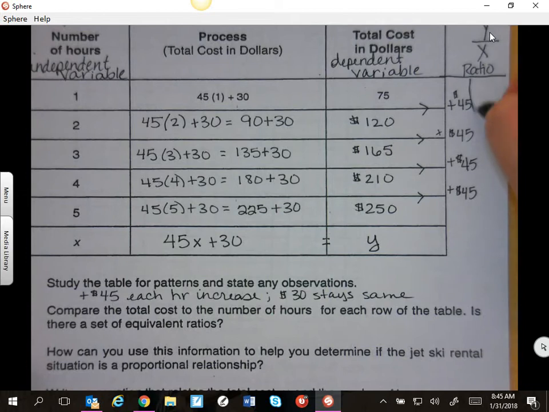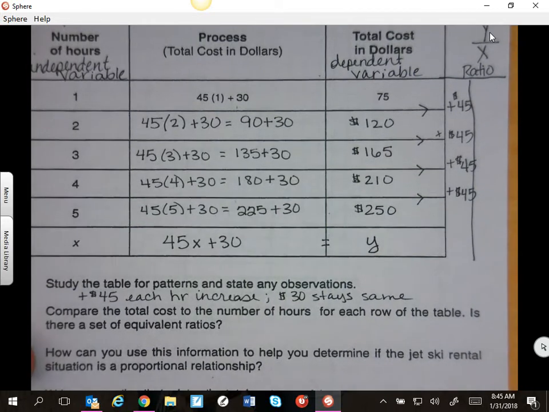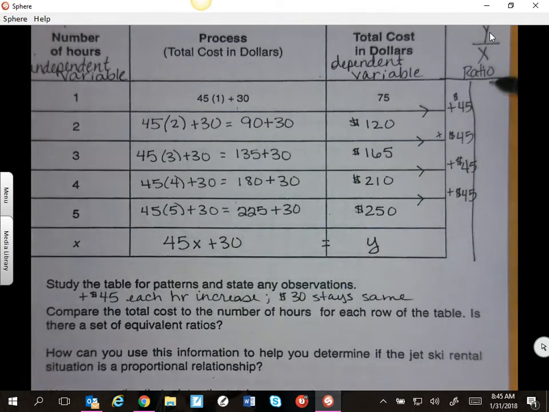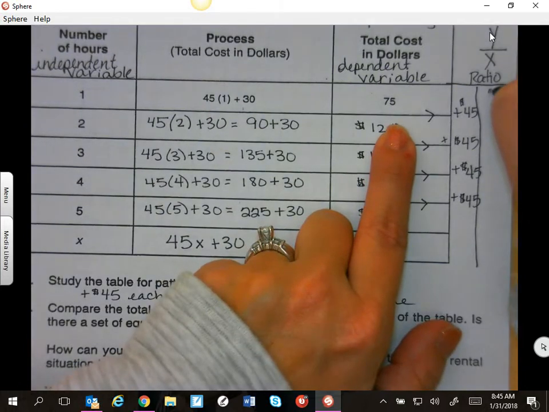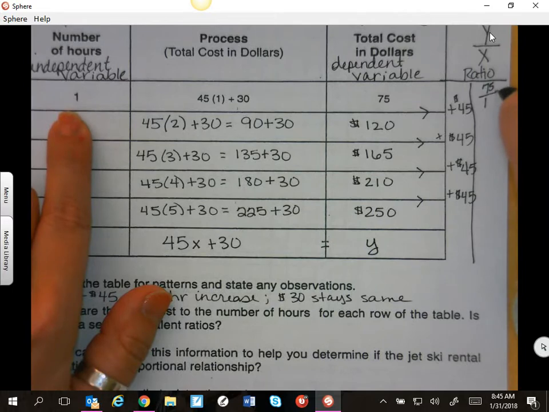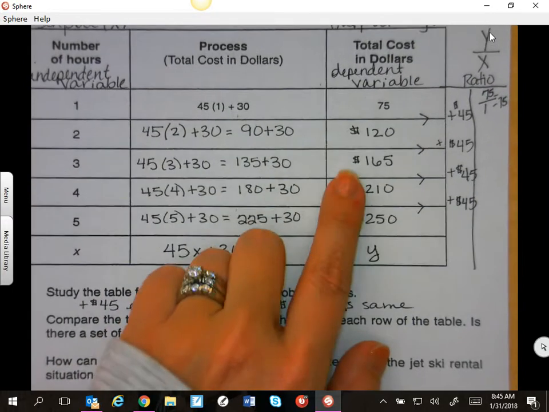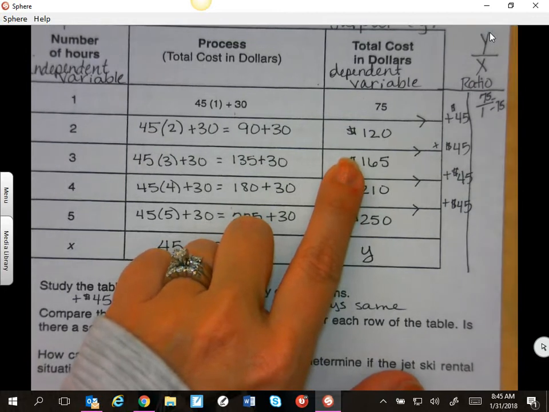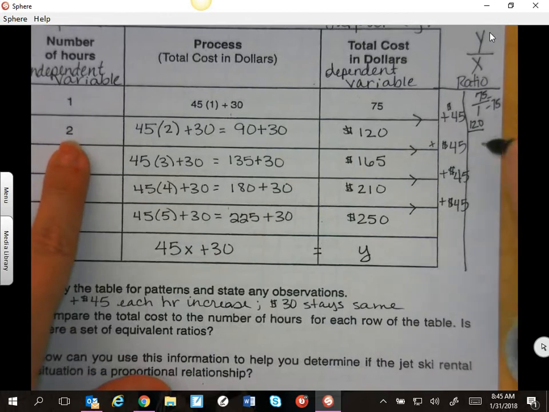I'm just going to draw a little line here because I'm going to have to squish a little bit. So Y was 75 over 1. Well, 75 over 1 is just 75. So we're going to look here. So for the next one, I have 120 for 2 hours.